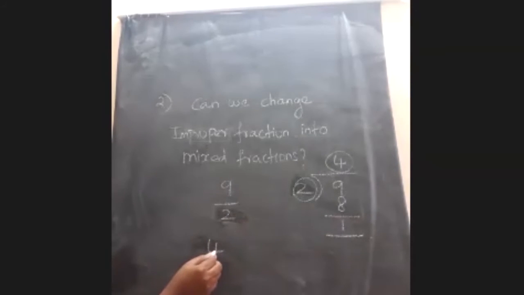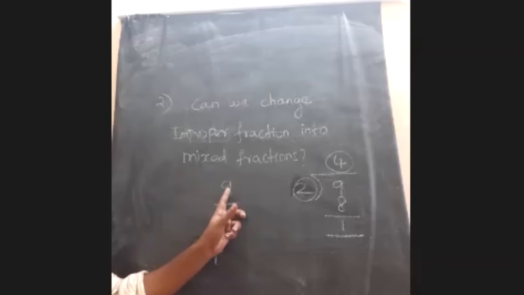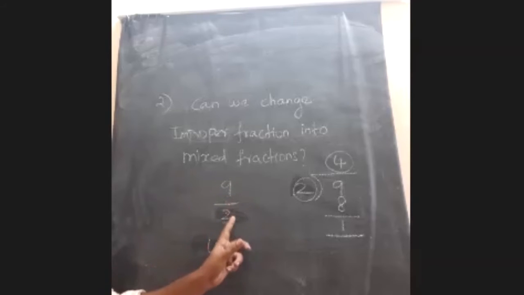So I can write this is 4, and I want to ask you one question. What is this? Is this a dividend or divisor? Most of the students have confusion on it. So say your answer. What is this 9? Is 9 a divisor or dividend? 9 divided by 2.